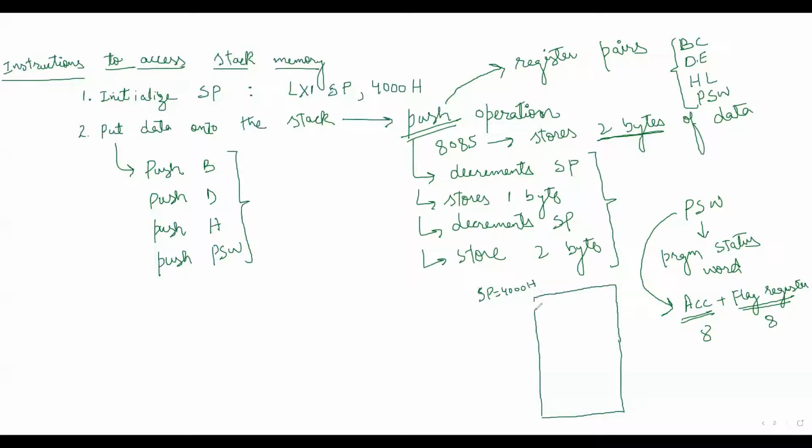This is the main memory, and let's say this is address 4,000. Okay, let's write other addresses as well. What will be the lower address? 3FFF, decrementing 1, then it will be 3FFE.